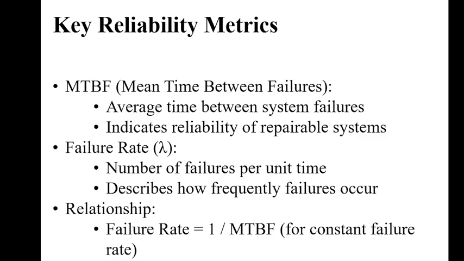On the other hand, the failure rate measures how often failures occur over a specific period of time, typically expressed as failures per hour or cycle. In systems with a constant failure rate, these two metrics are inversely related, meaning that as the mean time between failures increases, the failure rate will be reduced.